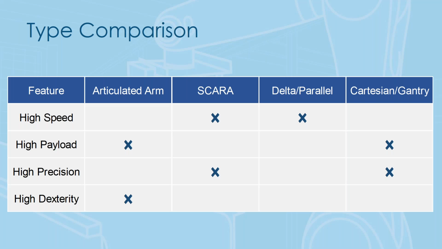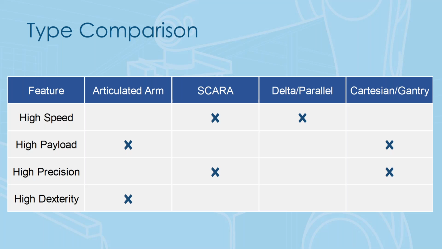And that's just a chart to help remember the key aspects of the four different types of robots, and you see where they excel from the aspects of the application, whether you're looking for high speed or high payloads, or precision or dexterity are more critical. You see where most of the robots fall out, where they have one or two areas where they excel most, and others where they're less suited.